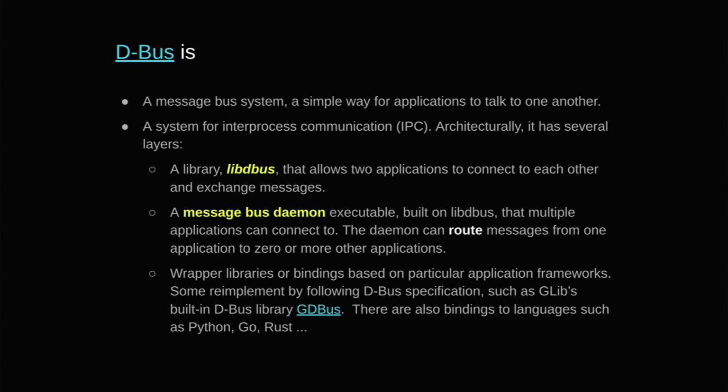The daemon can route messages from one application to zero or more other applications. There are some wrapper libraries or bindings based on particular application frameworks. Some even re-implement it by following the D-Bus specification, such as GLib's built-in D-Bus library GDBus. And there are also bindings to languages such as Python, Go, and Rust, etc.